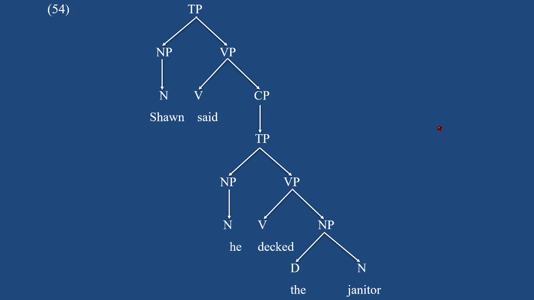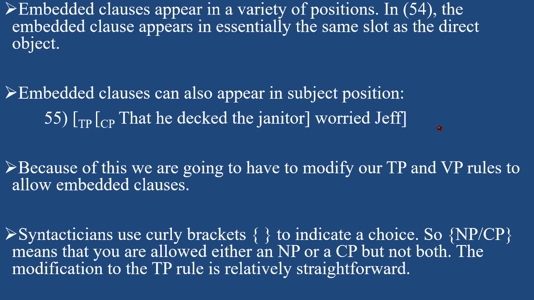CP is always there in the case of an embedded clause. Embedded clauses have complementizers, whether they are written or not. So we always have to write CP, which consists of TP, and the TP consists of an NP and VP, and so on and so forth.